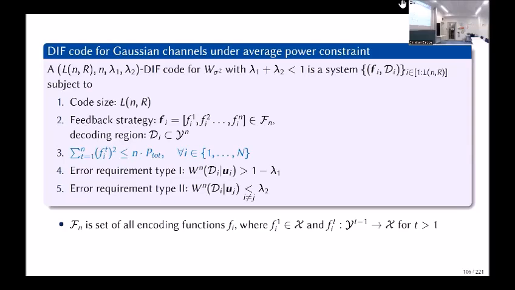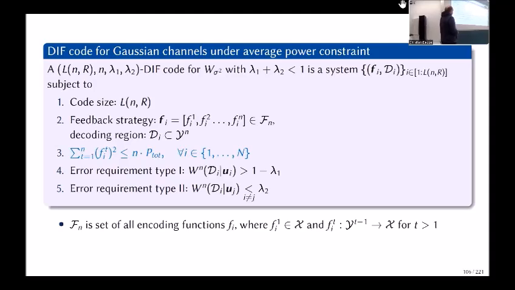And of course, for the Gaussian channel, we need some power constraint. And then the feedback strategy, that means that if we send something, it always depends on the symbols received before by the decoder or the receiver.